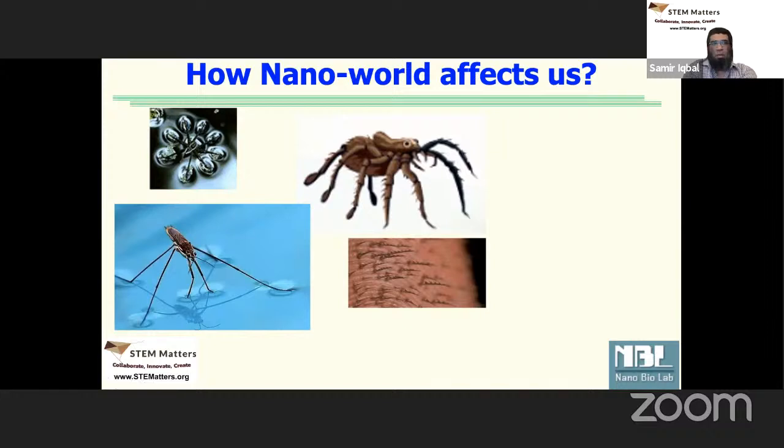It's just an example from the animal world, or insects. We see many insects that can stand on water, like mosquitoes, right?